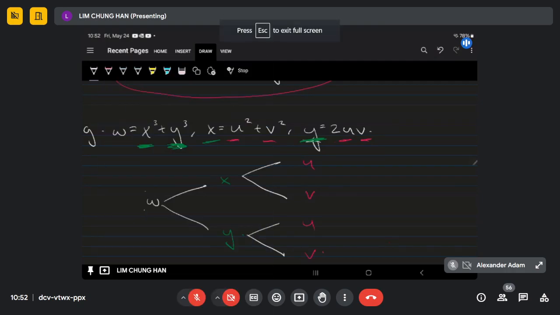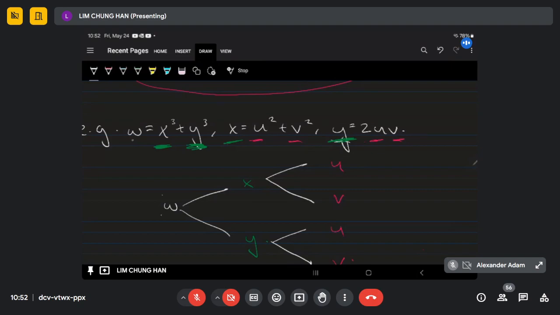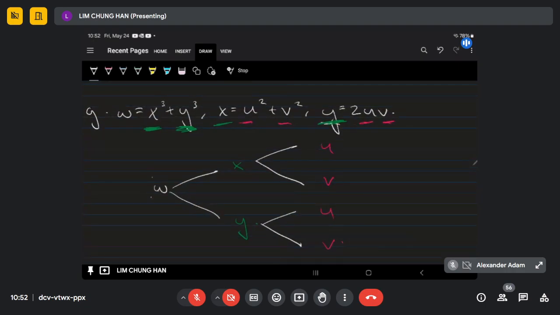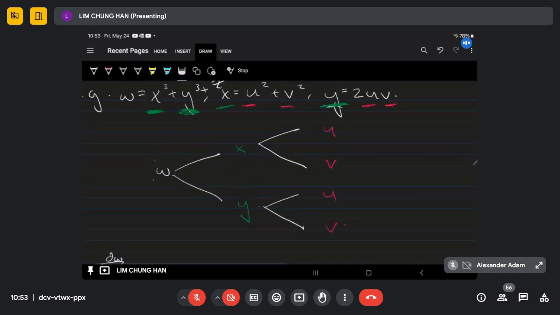You just have to look at the question. You can see here the first function, w is related to x and y. That's why I branch w out to x and y. If there's a z in there, then you branch it out further, put another z. But in my case, there's no z in the question, so you just ignore the z.